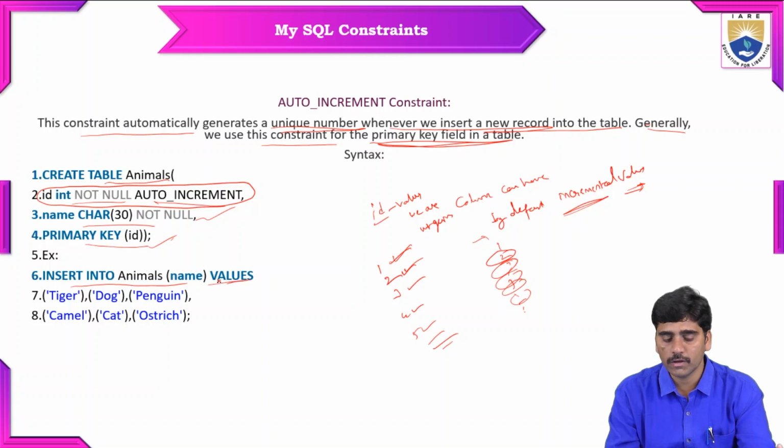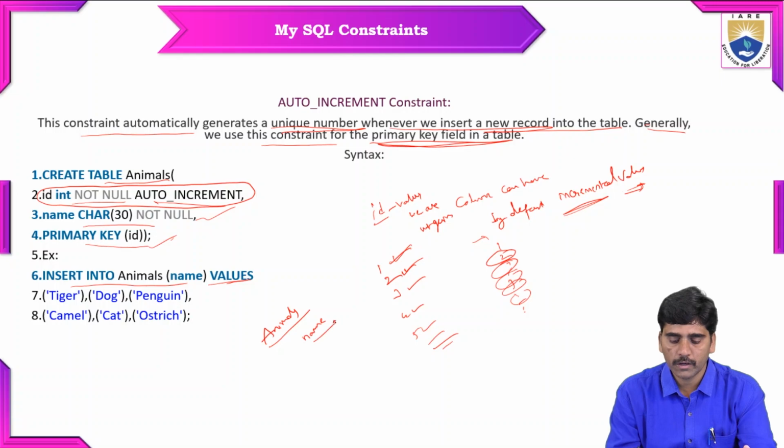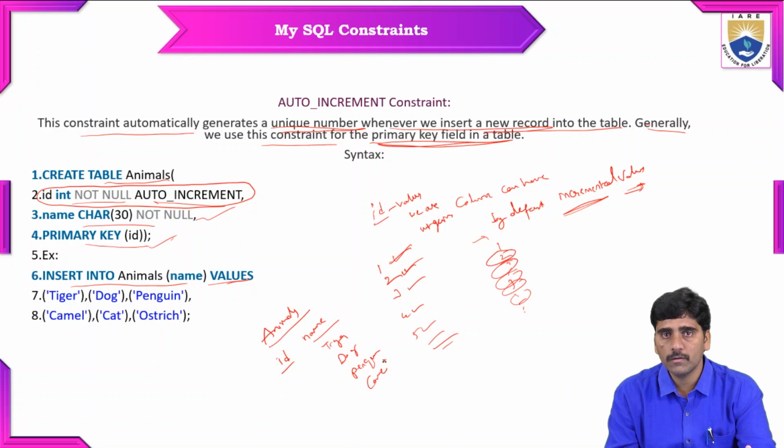So here we insert animals name values. The table name is animals, with the columns name and id. Whenever we insert tiger, dog, penguin, camel, cat and ostrich, the id is automatically incremented.